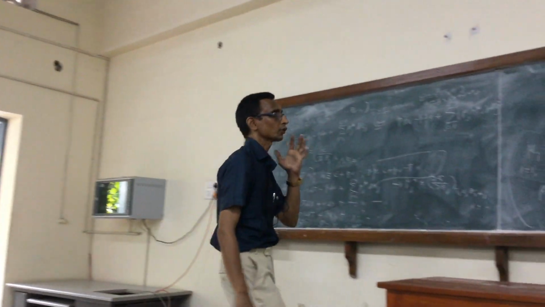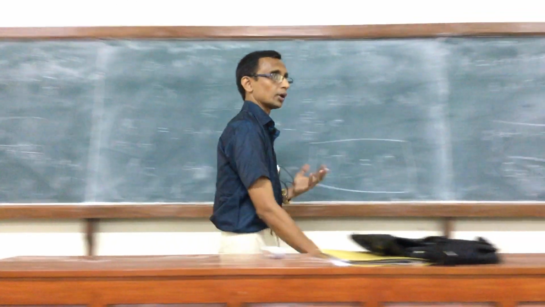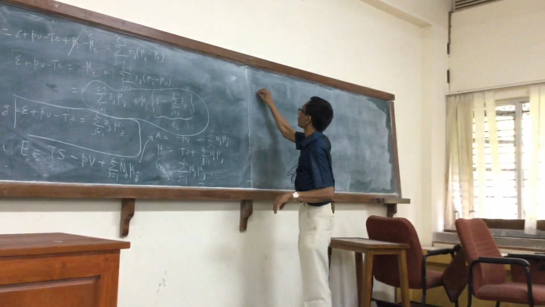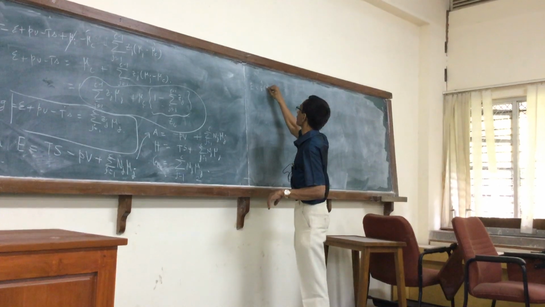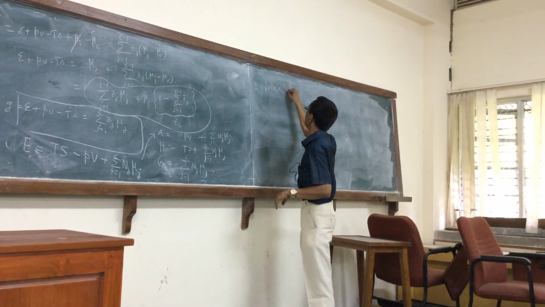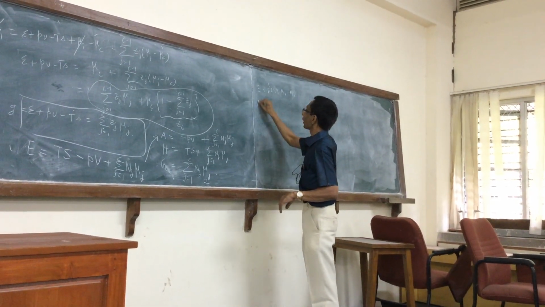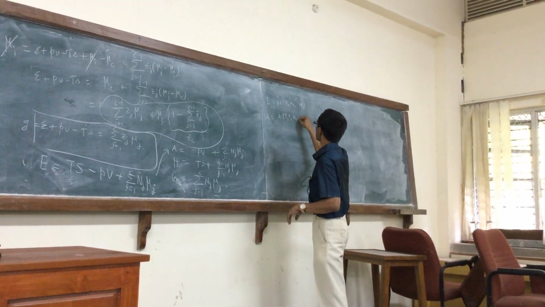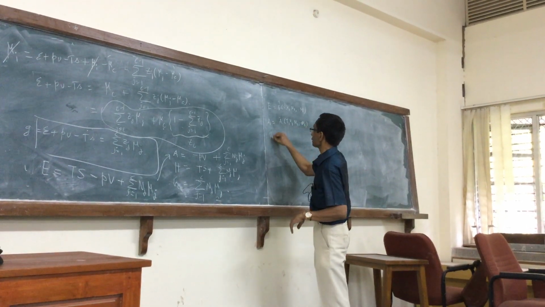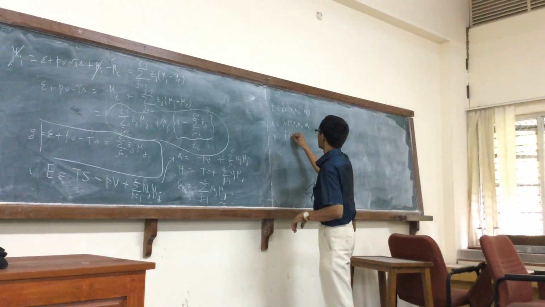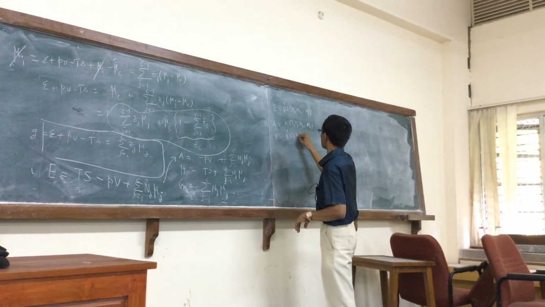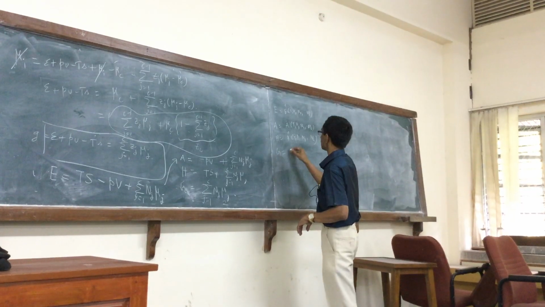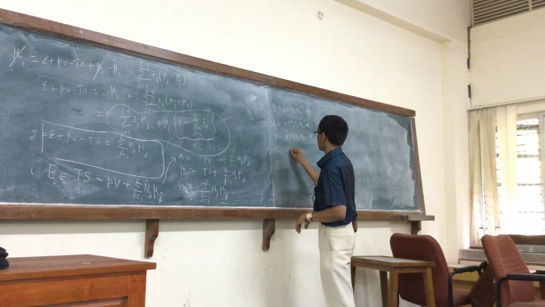For instance, if I want to write now the total entropy, the total internal energy, we have already got this. A would be, H is, you can easily verify, and G would be.